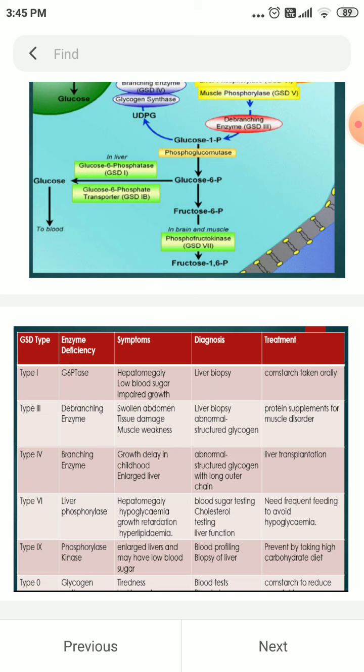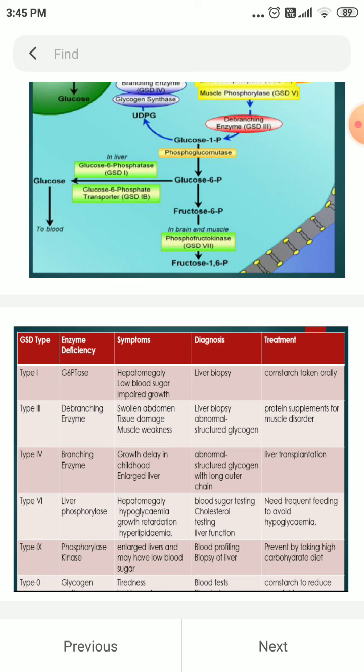Tissue damage and muscle weakness can be seen, and low blood sugar, impaired growth, hepatomegaly, growth retardation, as well as very delayed puberty can also be observed in some diseases.